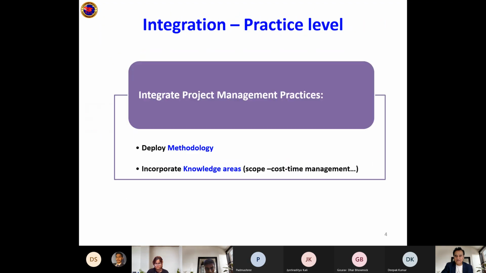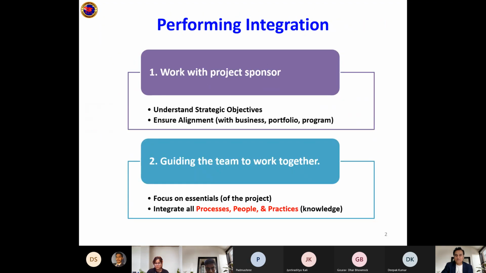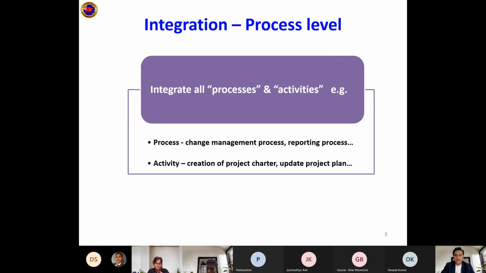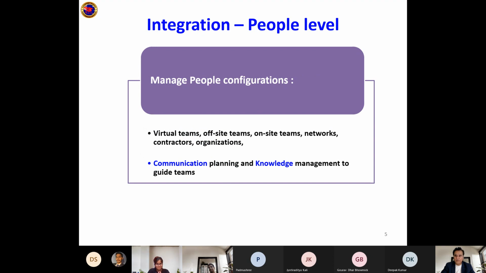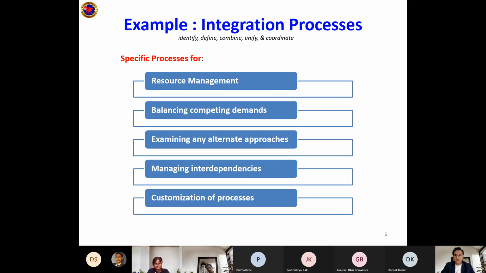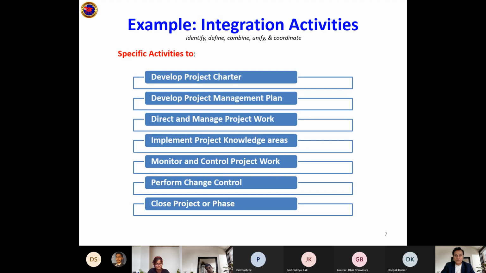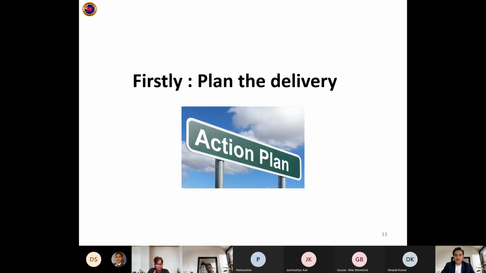Let's go back. First slide. People, practice, process. People and practices, that's right. The practice is basically the knowledge part. So that's what we integrate: process-level integration, practice-level integration, and people-level integration. That's what we learned. And we learned some specific examples of each of the processes and activities.